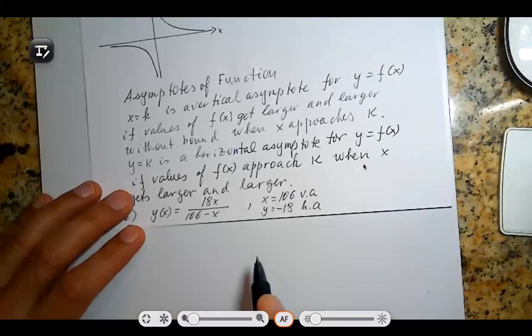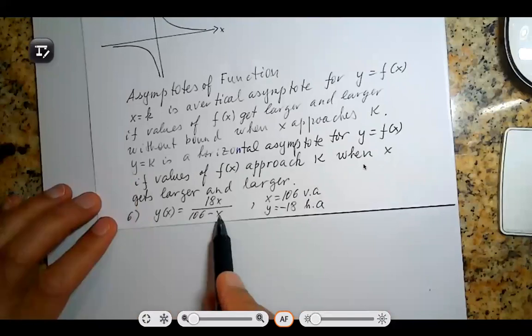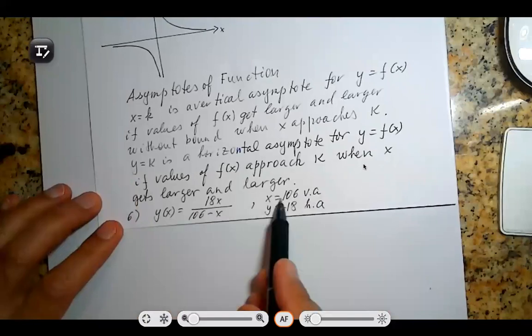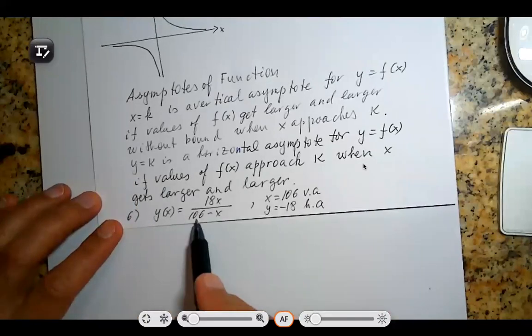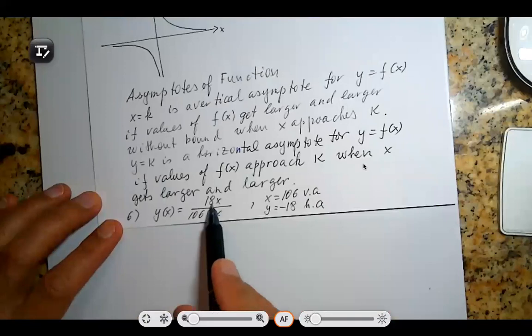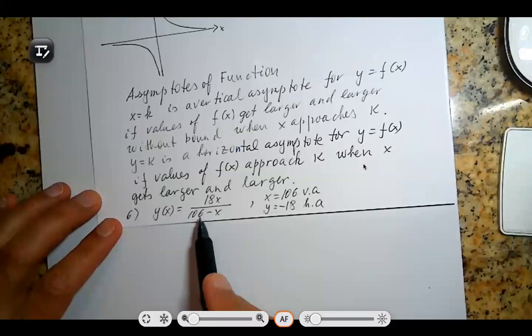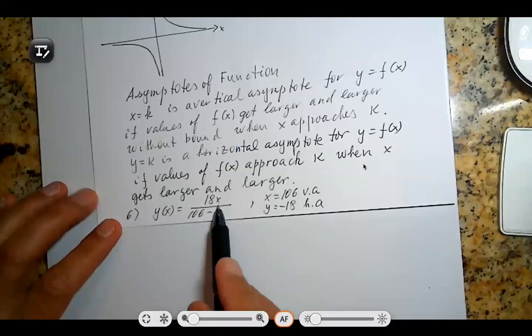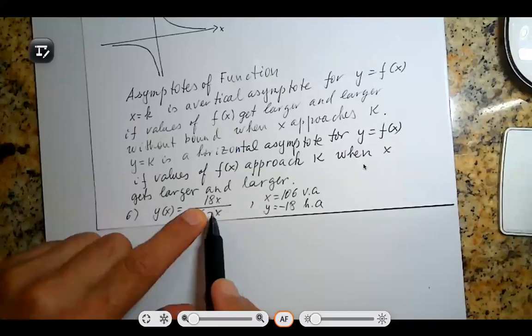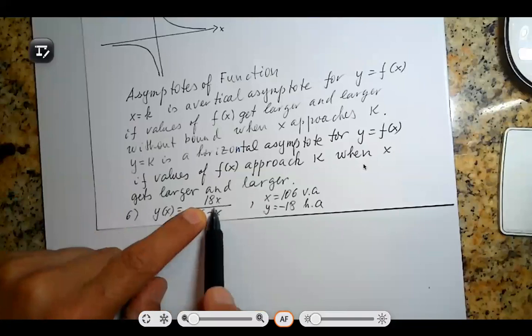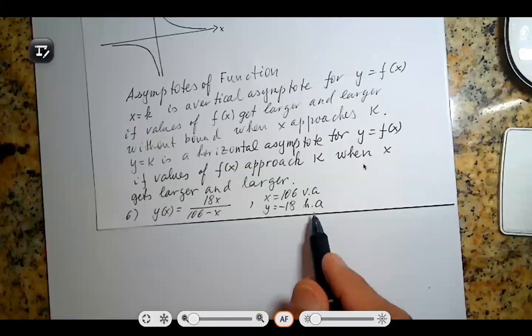Why is that? The denominator becomes 0 when x is 106. So when you're very close to 106, this fraction blows up, getting larger and larger, or smaller and smaller, going to negative infinity. When x is large, you get 18x over minus x. Cancel x, you get negative 18. If you graph it, you will see.